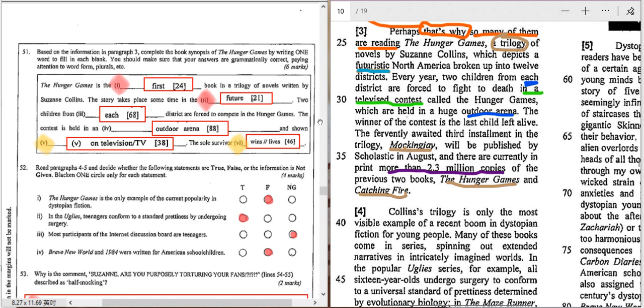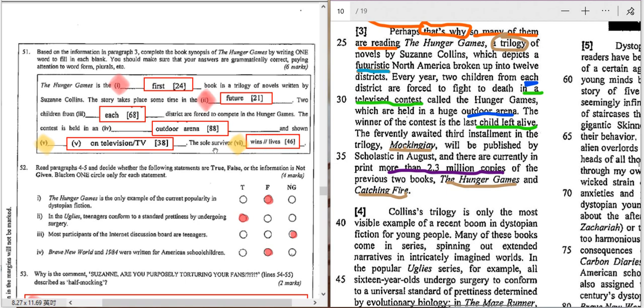So putting them together, you find all the 3 bits of information. The contest is held in a certain area, outdoor arena, and then it is shown on TV, and the only survivor, the sole survivor, the last survivor, the winner of the contest is the last child left alive.